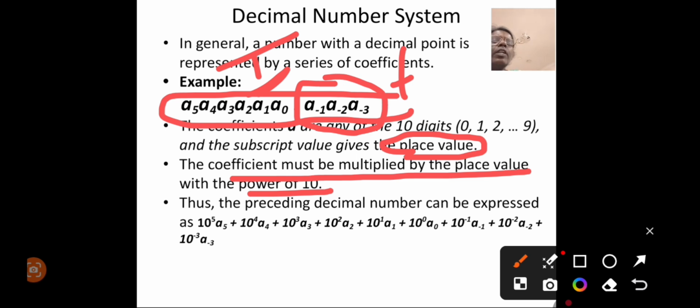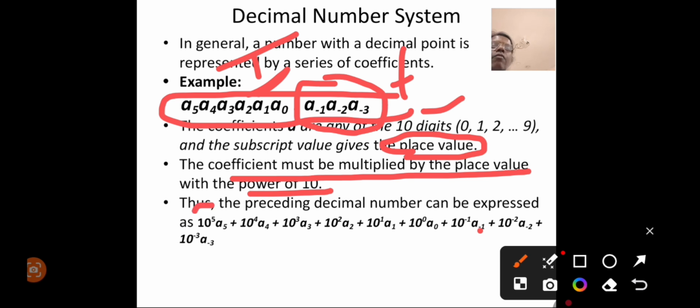When we consider this given decimal number with the coefficients a, how can it be expressed in positional notation? A5, which is the most significant digit in the example, should be multiplied with 10 power 5. So 5 is the suffix, so this coefficient must be multiplied by 10 with the power of 5.